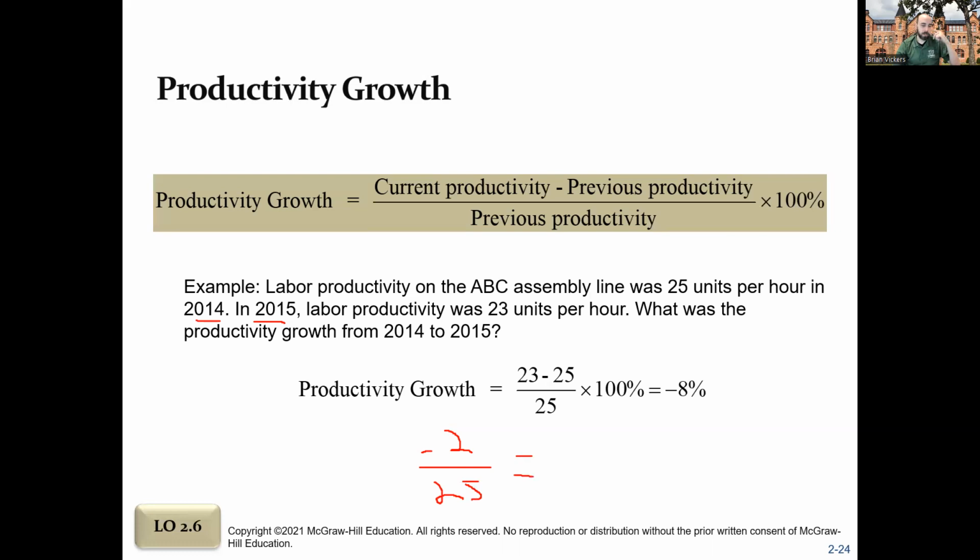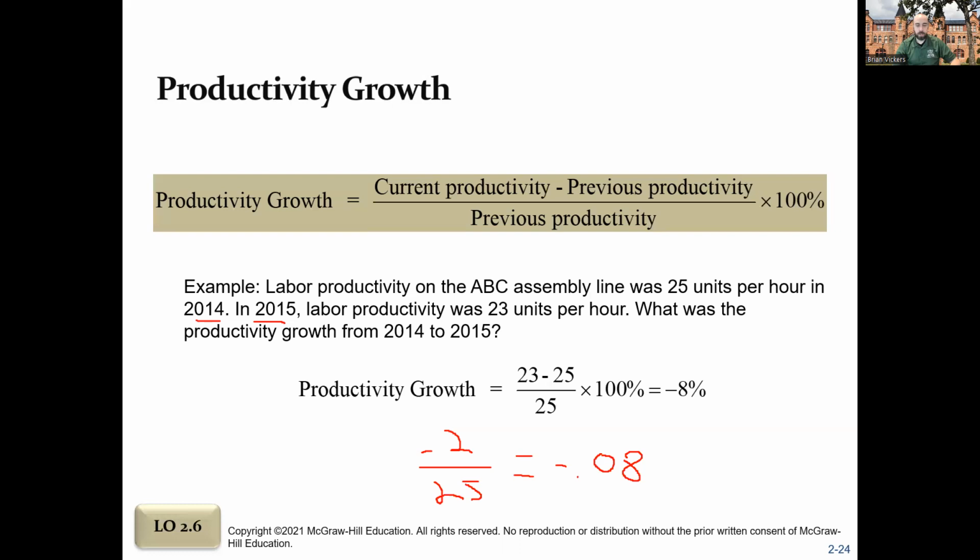So -2 divided by 25 is going to be negative 0.08. And then times 100. So let me just throw this out here right now. This times 100 is a way to just make this decimal point shift 2 spots. That's why it's times 100.